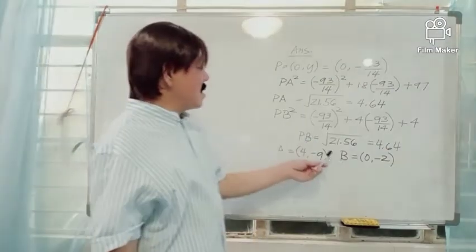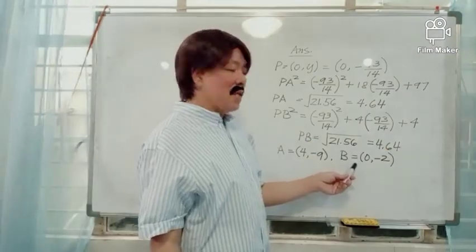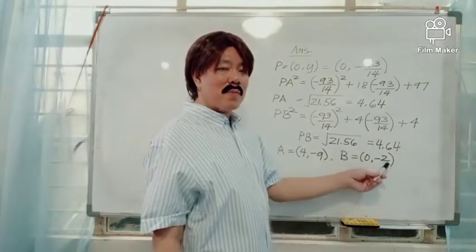And point B is the point with the given coordinates 0, negative 2.